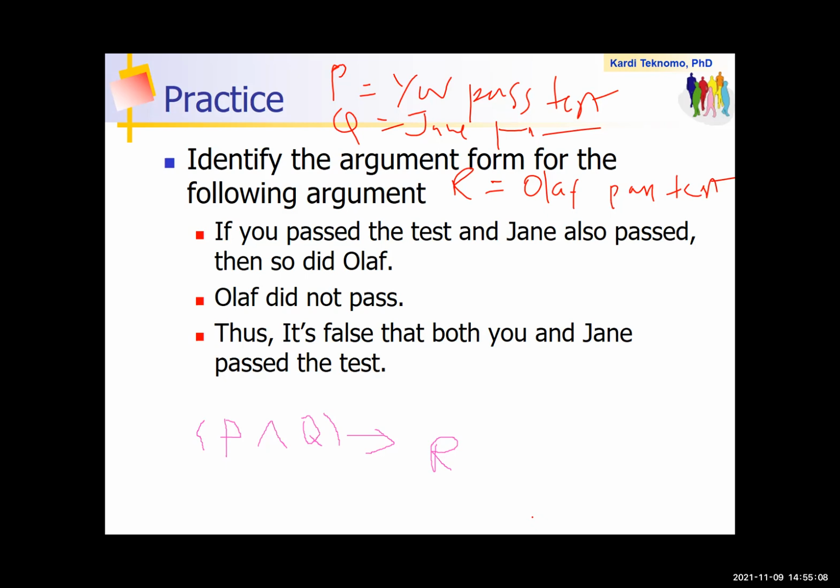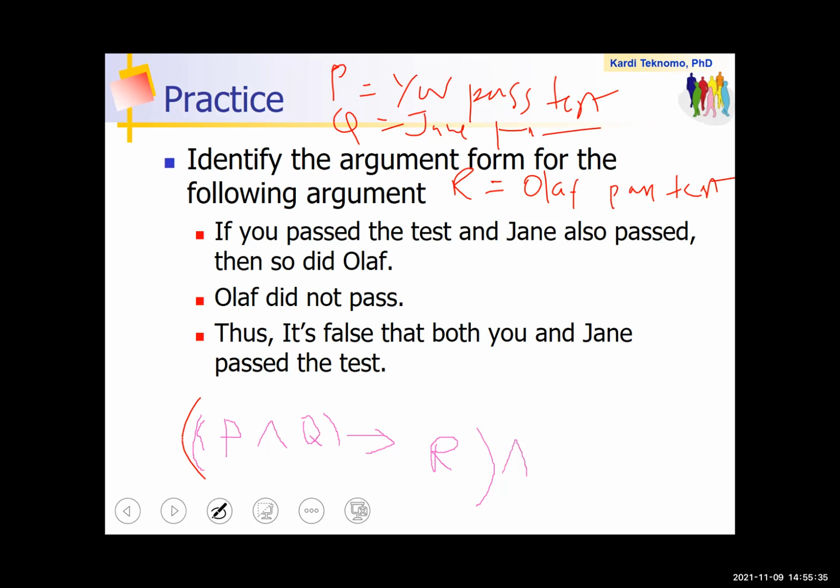So put all of this into bracket. And then you put N. Okay, you put all of these into bracket. Yeah, very good. And then now you put N, because first premise and second premise must be N, right?